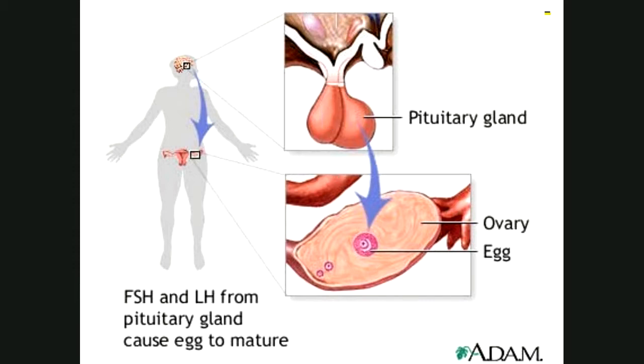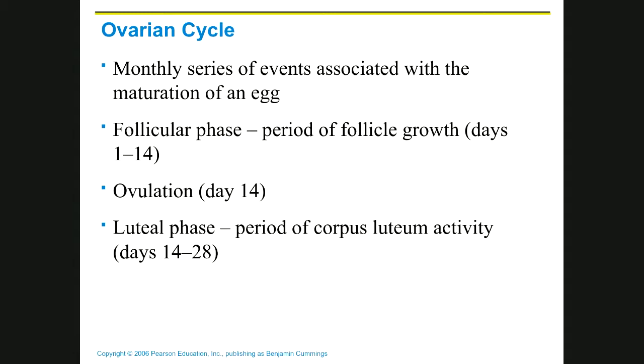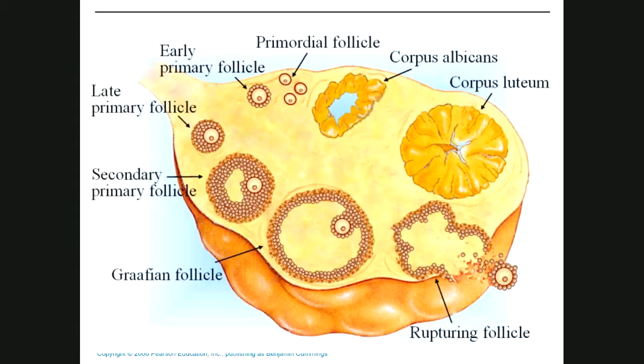And so when you look at it, remember we said that if you look at the ovary, it looks like this, and there's this cycle that happens in it. We start out with these primordial follicles, and then we add these granulosa cells. It becomes a primary follicle, and then little holes start to form. That's called the antrum.